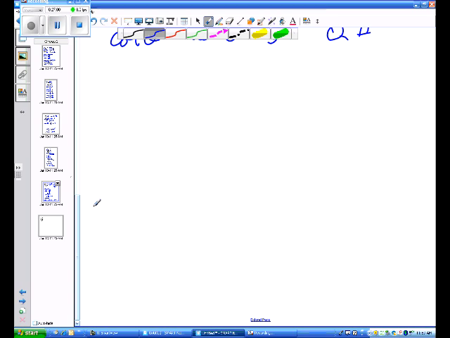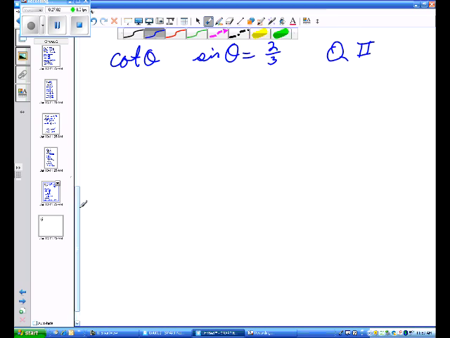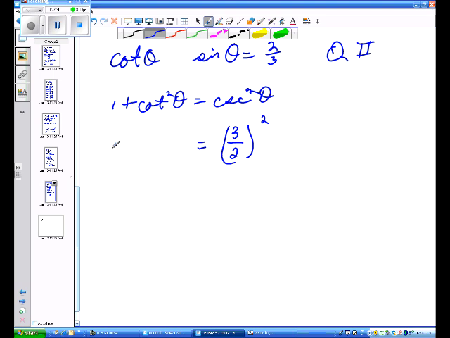So if we go back and start with our identity for cotangent, we know that 1 plus cotangent squared theta equals cosecant squared theta. Cosecant is the reciprocal of the sine, 1 over the sine. So the cosecant of theta would be 3/2, and that's what we want to square.